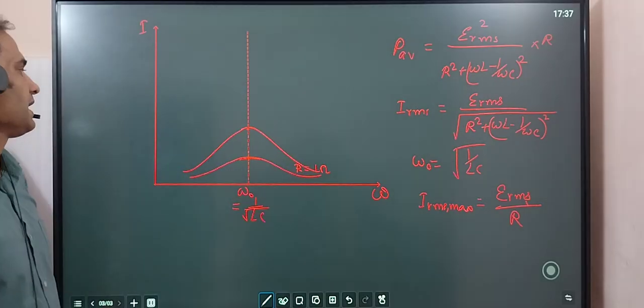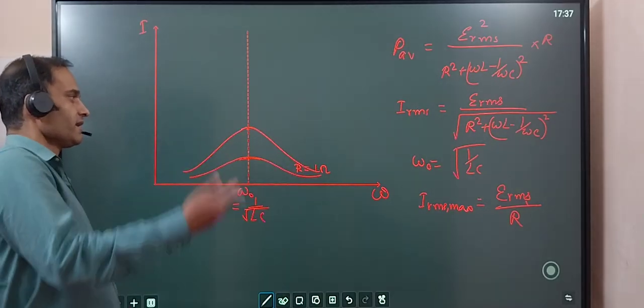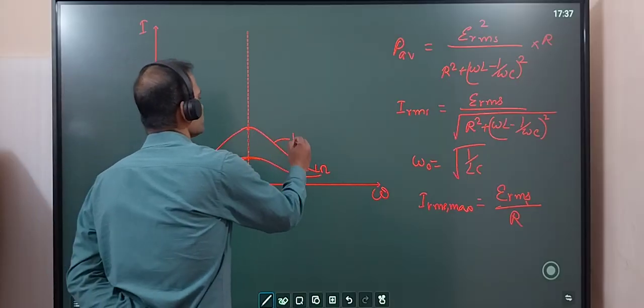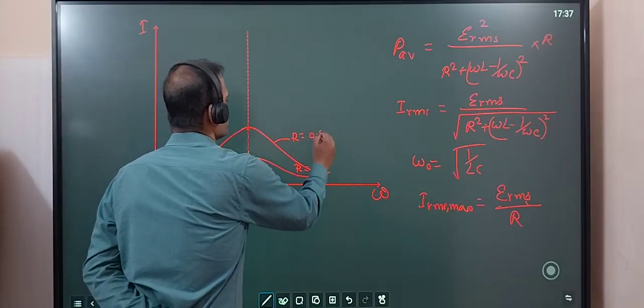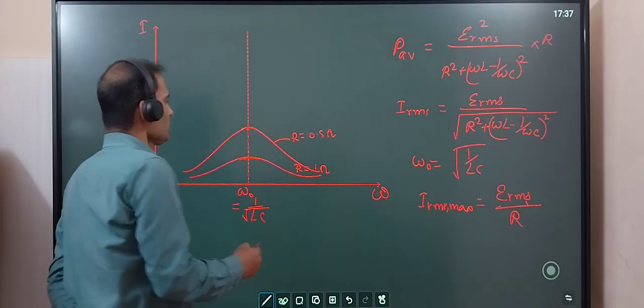Current will get larger. So this value of resistance is 0.5 ampere.